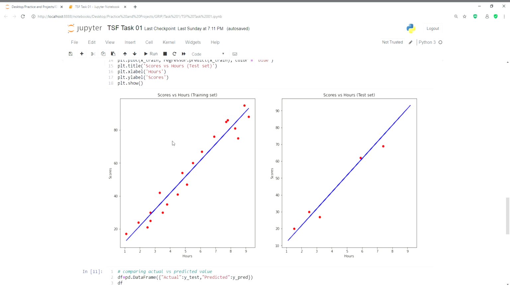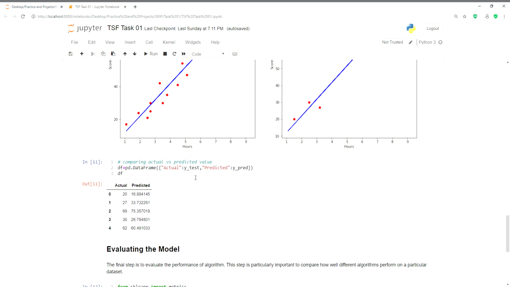Here on the left side are the training set results, and the right side is the test set results. The red dotted lines mean the actual values, and the blue line is the regression line, which is the predicted values. Here the test results and predicted results are compared.